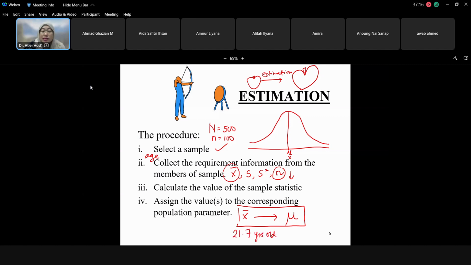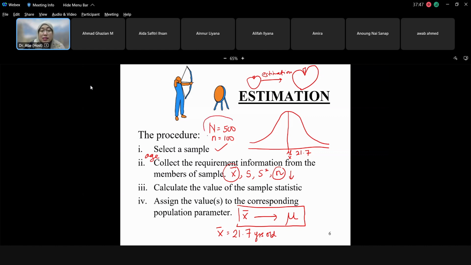I hope that this mean can tell exactly the age of the whole population. So we are hoping that the mean will be 21.7 at the middle.